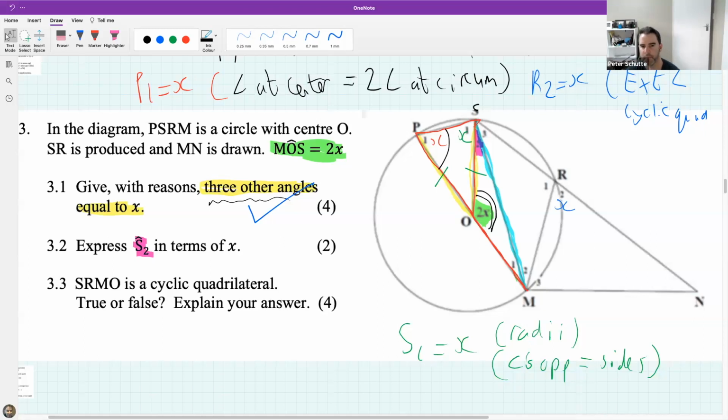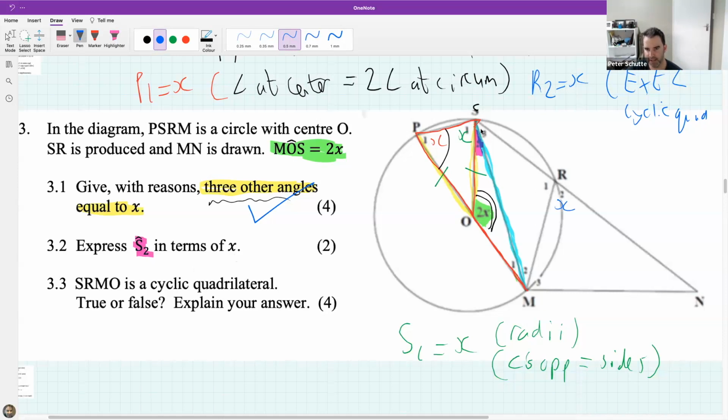Hello, sir. What's your question? I wanted to inquire about P1 and R1. Since they're subtended by the same chord SM, wouldn't they be equal? Okay, let's have a look. SM is the same chord.